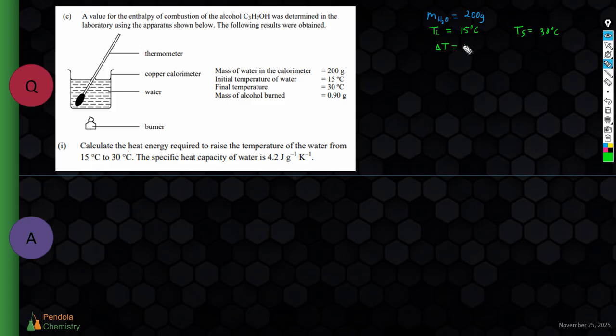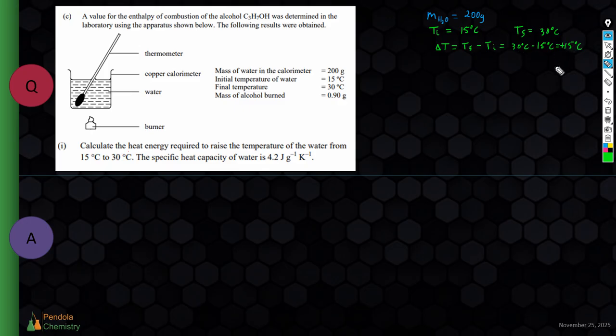Because delta T is simply going to be the final temperature minus the initial temperature. Meaning that for this, delta T is going to be 30 degrees Celsius minus 15 degrees Celsius, which is 15 degrees Celsius.